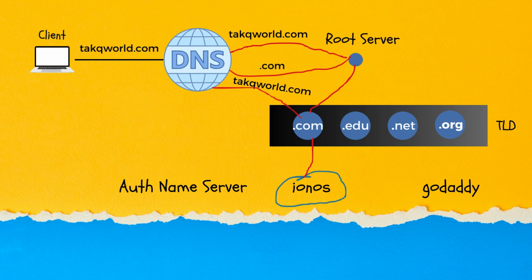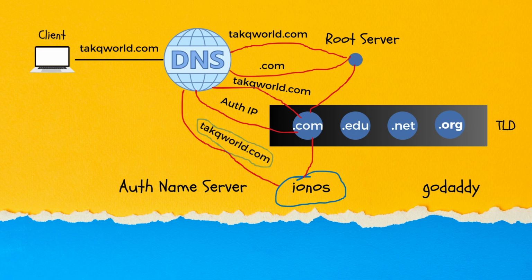In my case, I purchased the domain from Ionos, and the .com TLD name server responds by returning the IP address of the authoritative name server for takqworld.com. The DNS resolver sends the query to one of the authoritative name servers for takqworld.com.